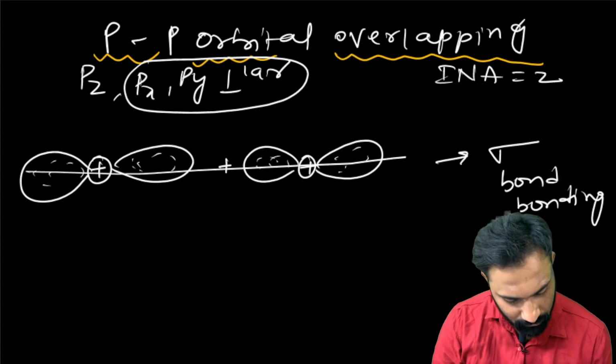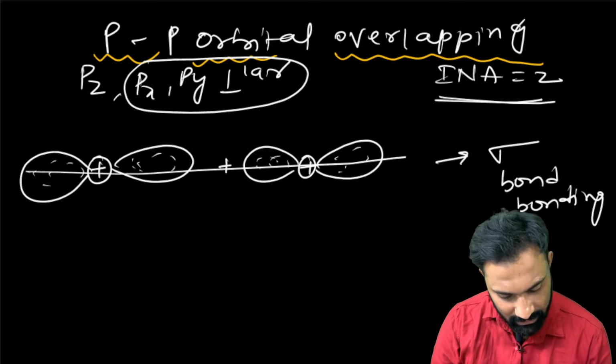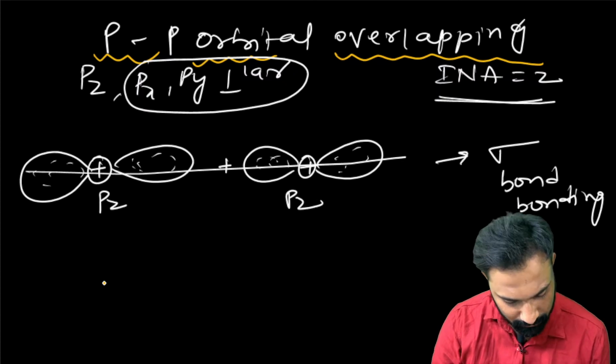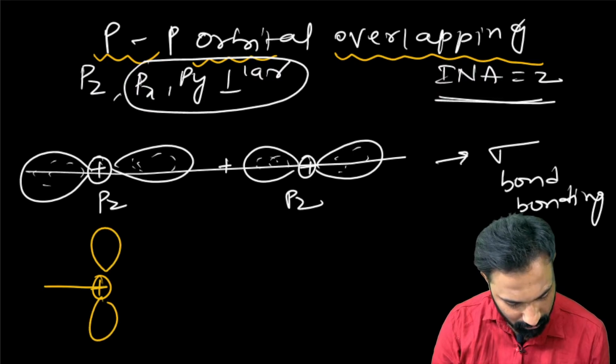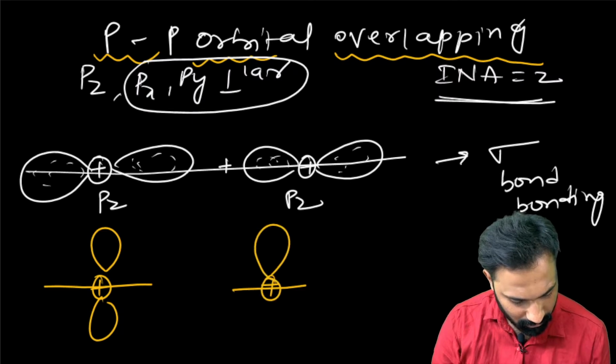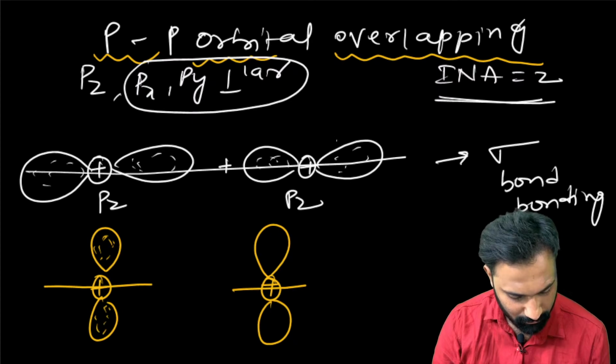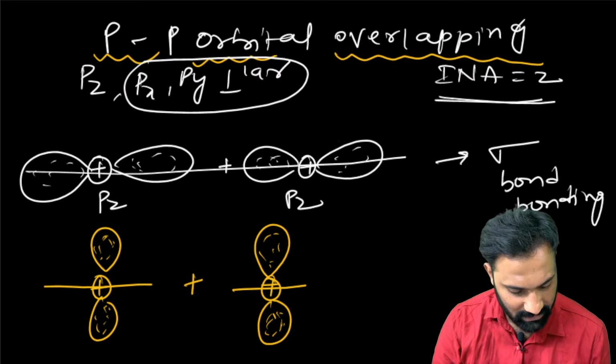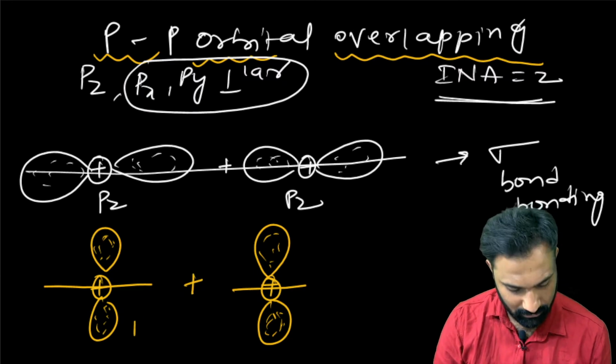Now, with the same internuclear axis z, instead of the pz orbital, I take one px orbital. This is one px orbital.